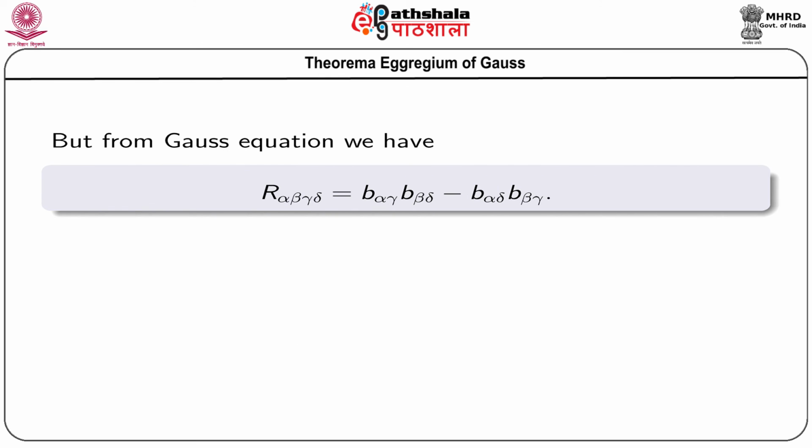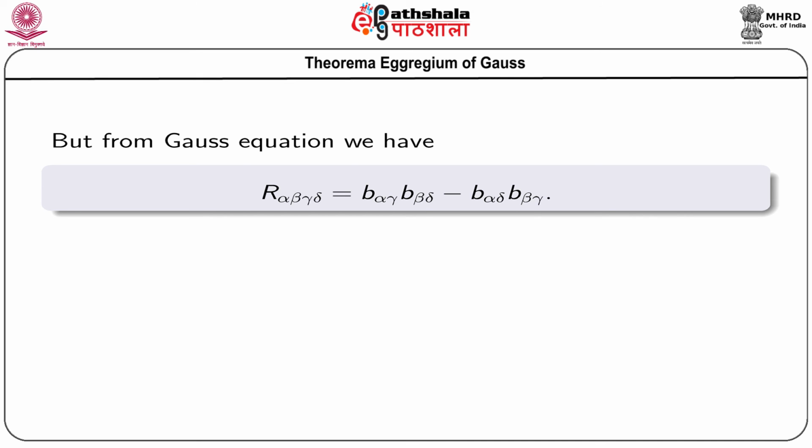And also from Gauss equation we have this relation R alpha beta gamma delta equals B alpha gamma B beta delta minus B alpha delta B beta gamma.